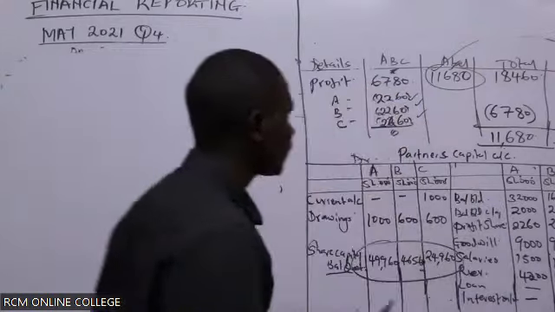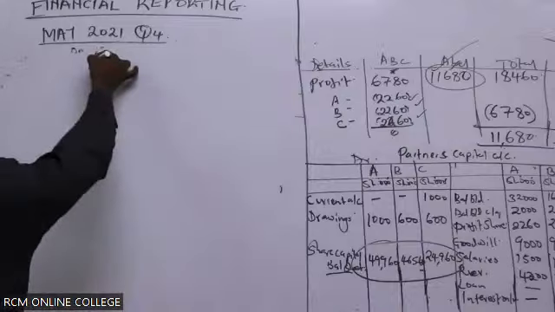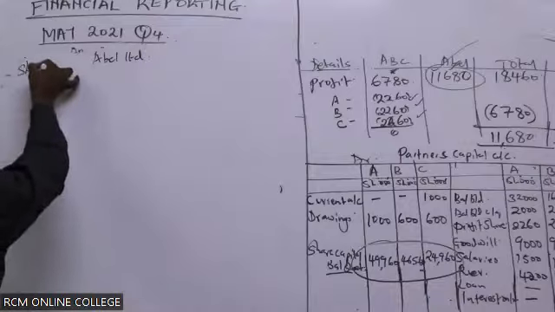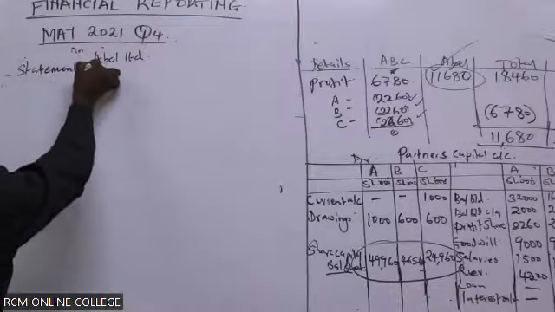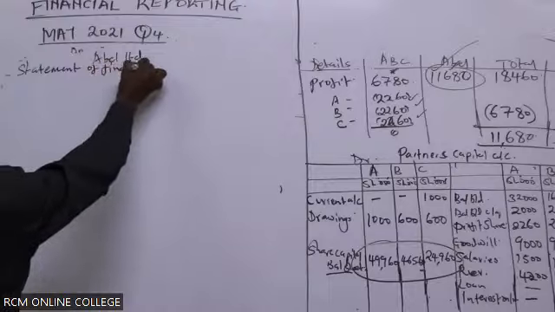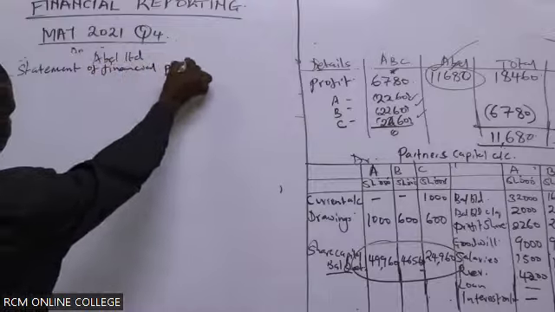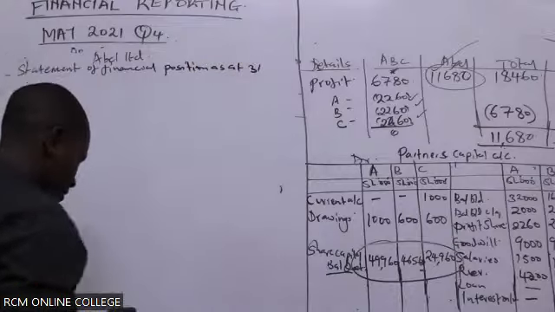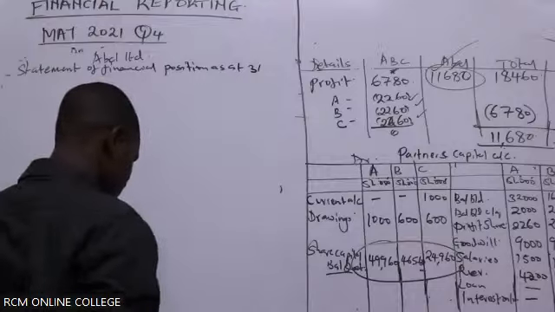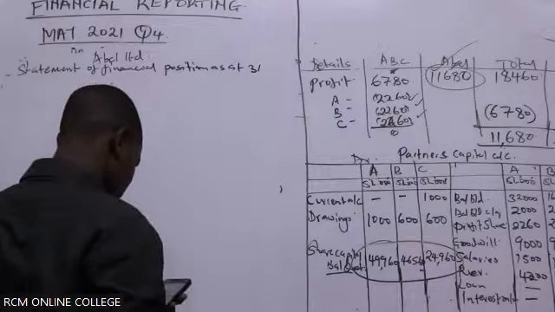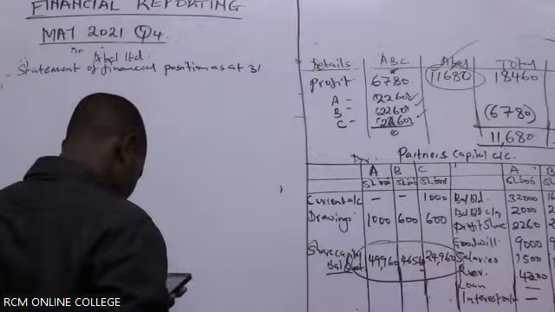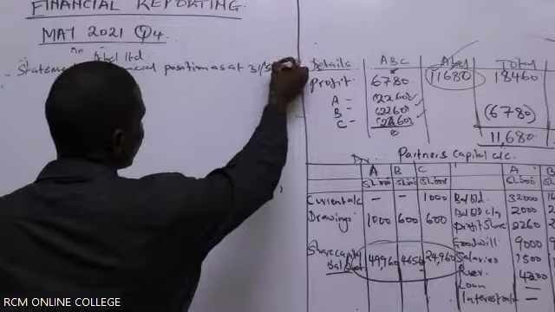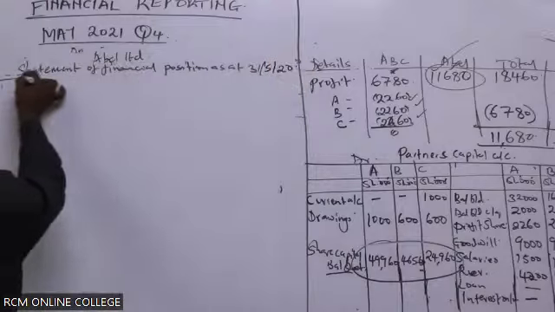Good. Now we go to Abel Limited, statement of financial position as at 31st May 2020.